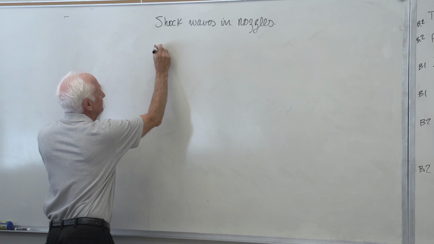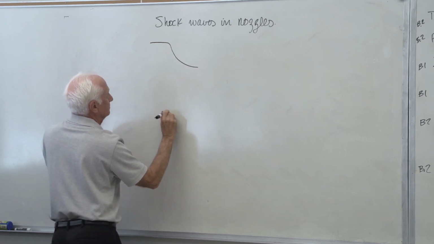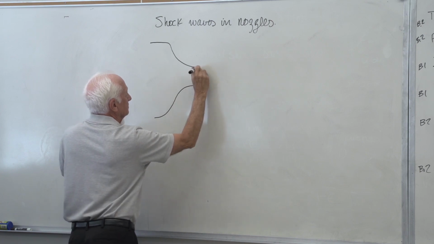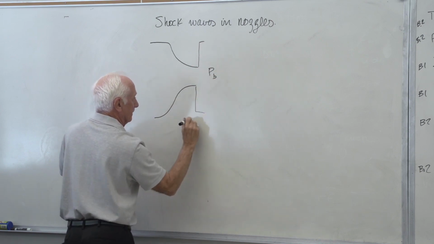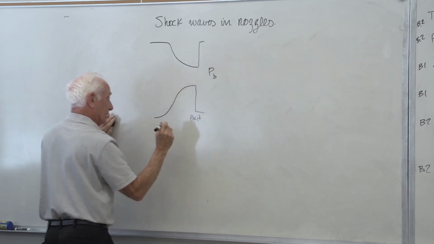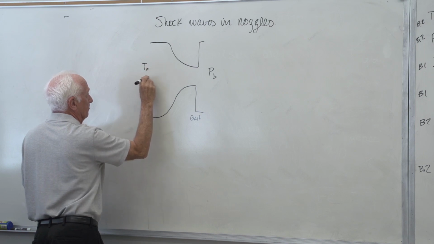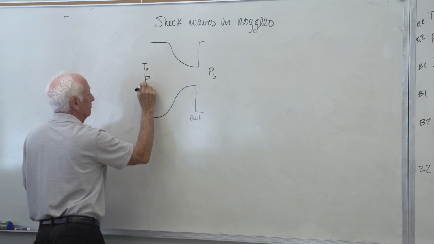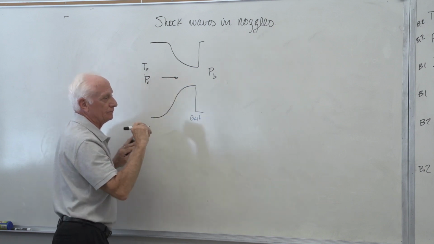This goes out to some large back pressure region. This is the exit plane. This is the reservoir. Flow goes through here.